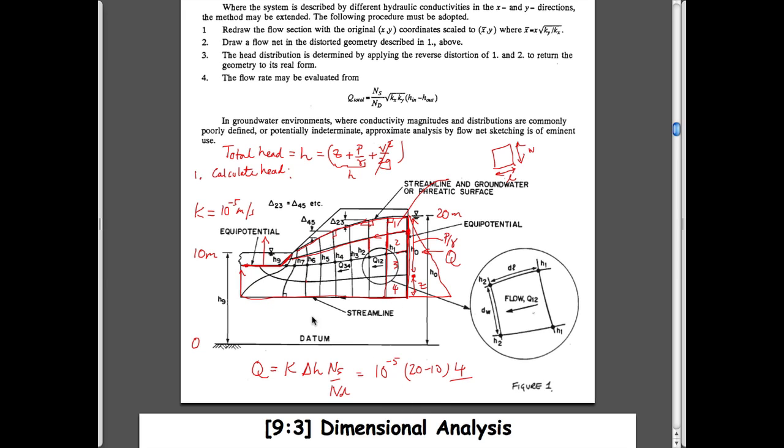Number of drops, we already said 1, 2, 3, 4, 5, 6, 7, 8, 9. And that's it. So it's an incredibly powerful technique.